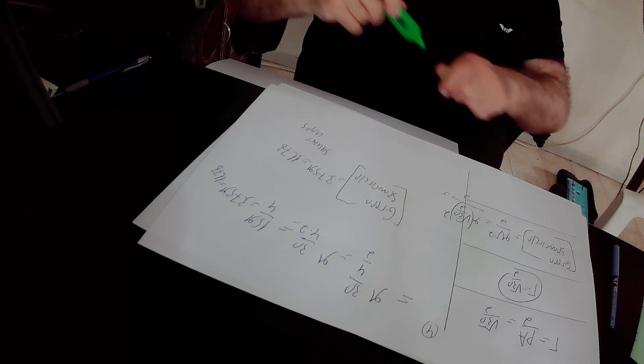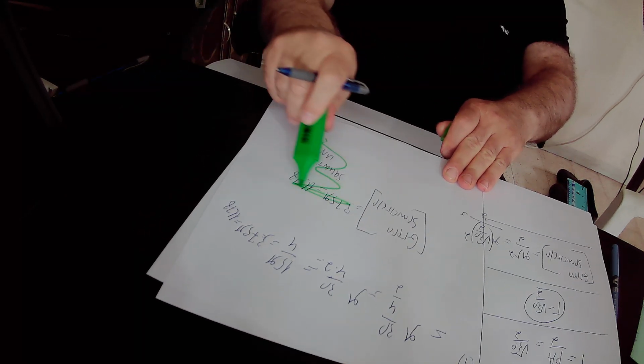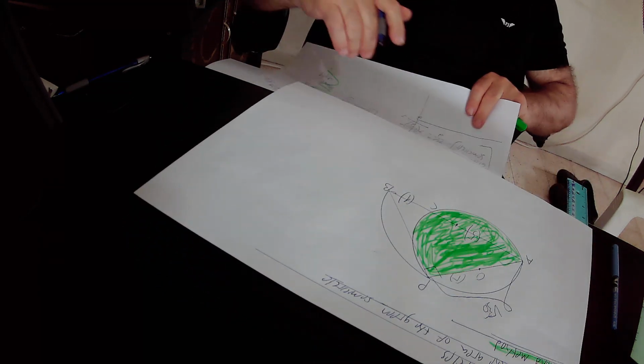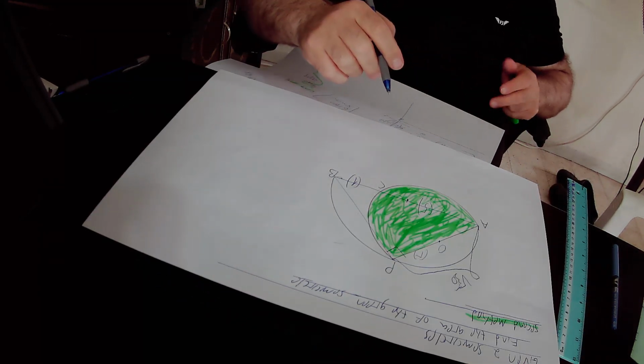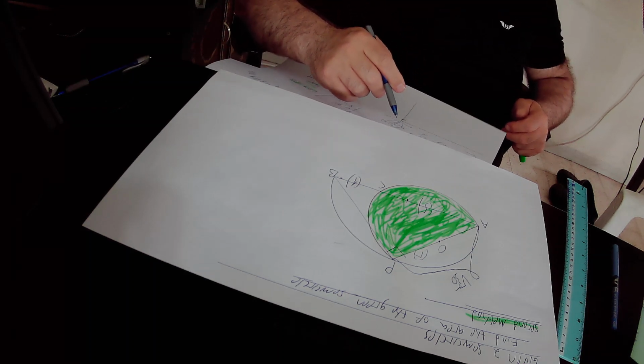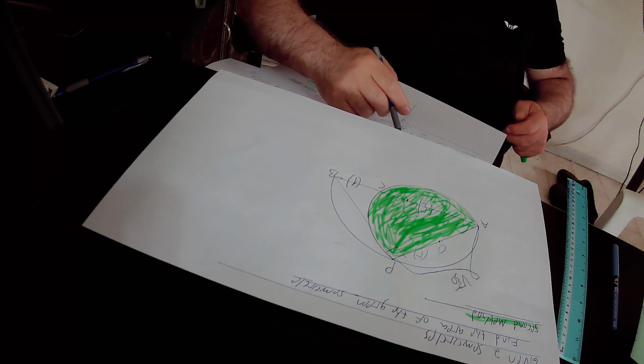So I repeat again, we found according to the second method also that the area of this green semicircle equals either 3.75 pi square units, or in terms of numbers, 11.78 square units.